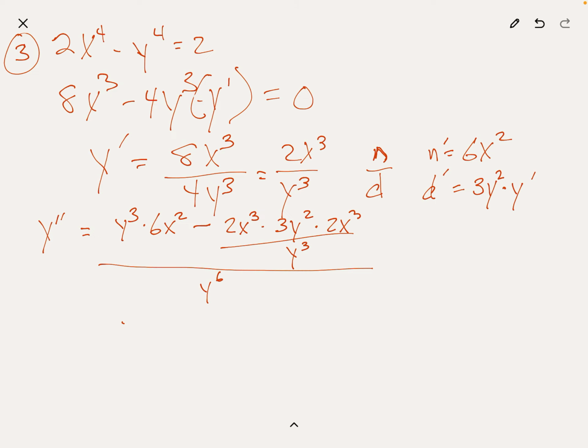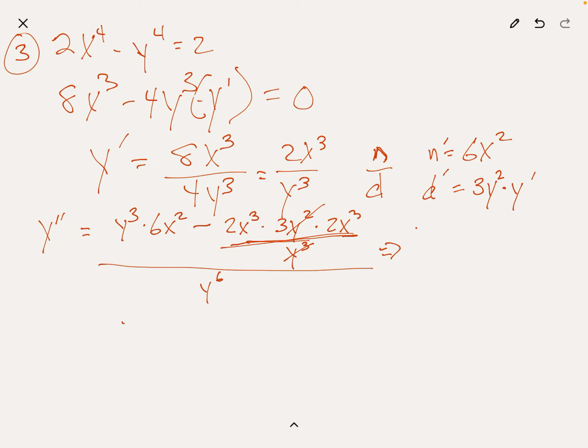So the first thing is, we've got a fraction here. The second term in the numerator is a fraction, but we can factor out y squared from the numerator and the denominator here. So this will simplify a little bit.